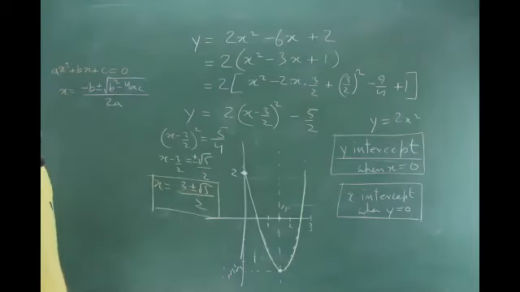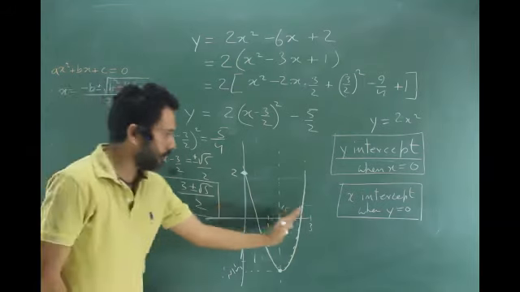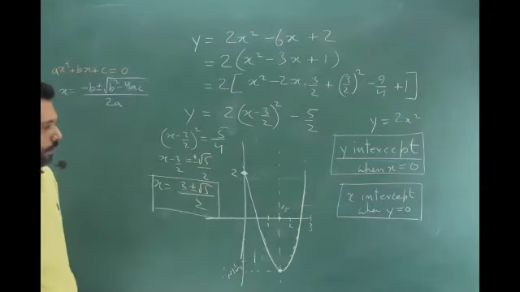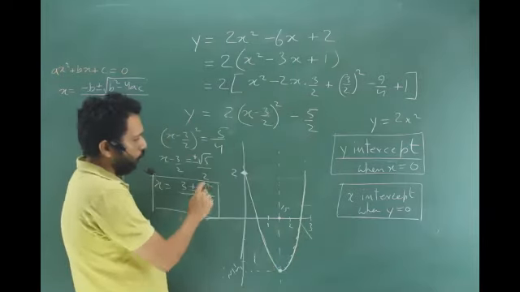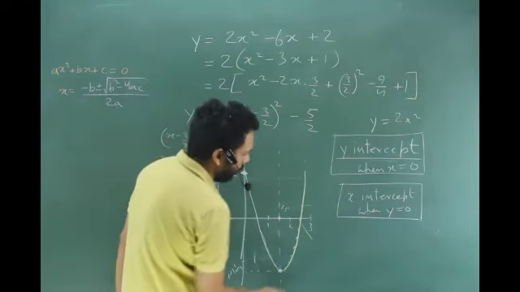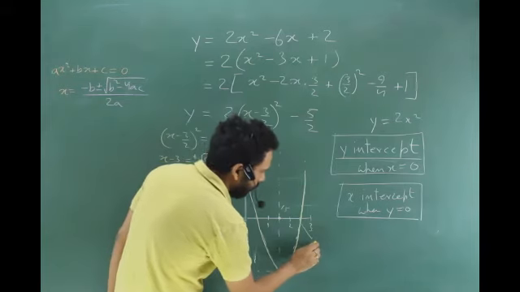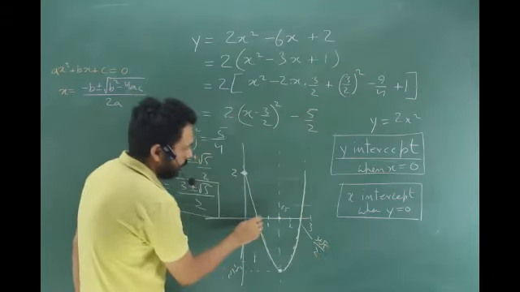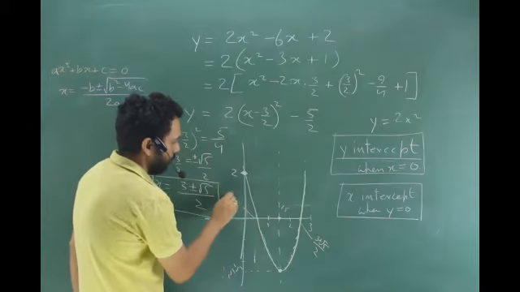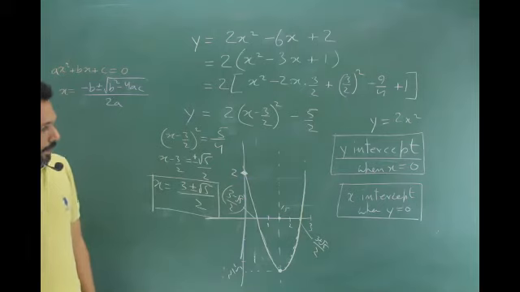So it is 3 by 2 plus something, 3 by 2 minus something. Get the point? So this point is, then you can verify how root 5 is around how much. Okay, all that stuff you can do. So this is (3 plus root 5) by 2, and this guy is (3 minus root 5) by 2. Is that clear?